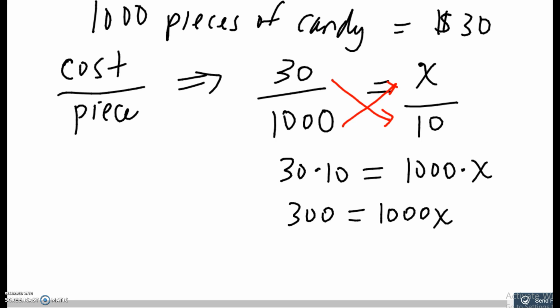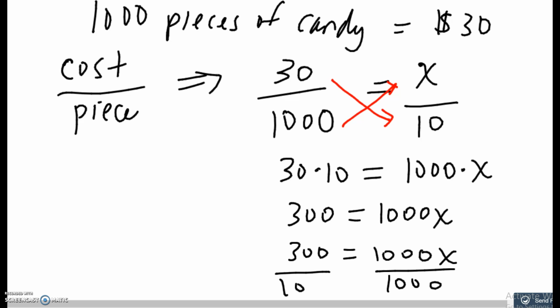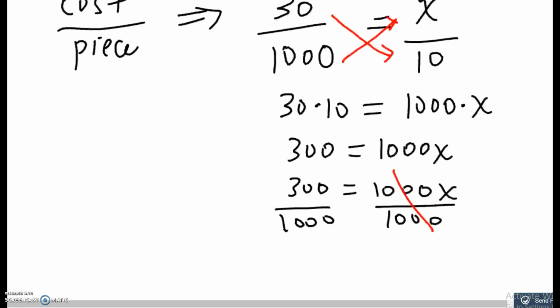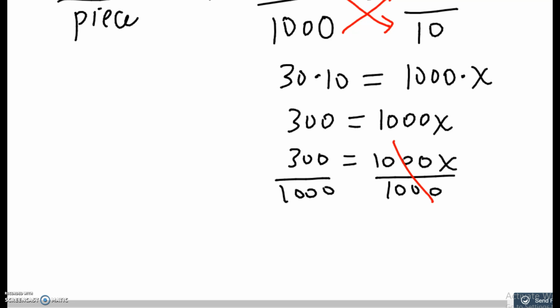And then we want to solve for X. We want to get this X by itself. So we are going to divide both sides by 1,000. So it cancels here, and we are left with X equals 300 divided by 1,000, which simply moves the decimal place 3 spaces, and we find that the answer is 3/10 or 0.3.